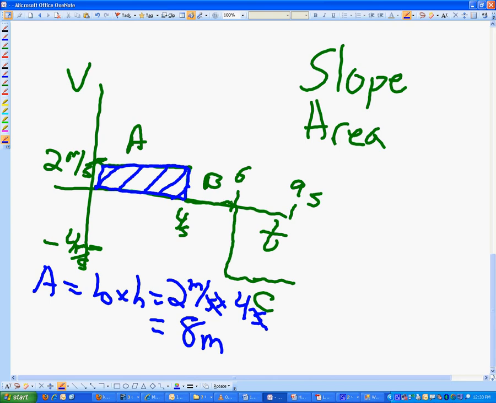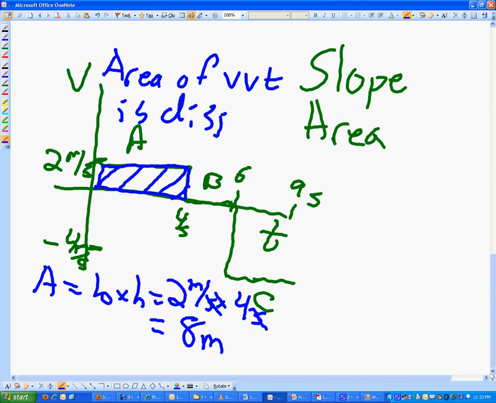Remember a D word? Displacement. So the area under the velocity graph gives the displacement of the object. Area is very interesting. The area of v versus t is displacement.